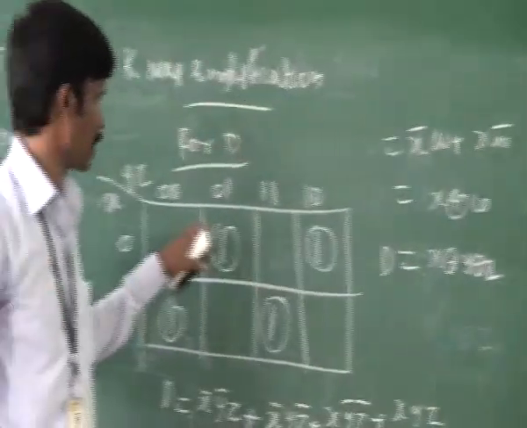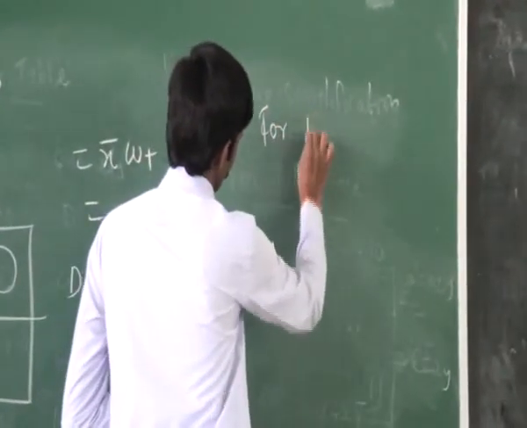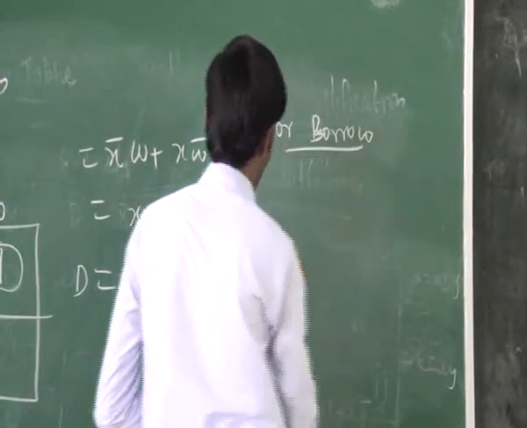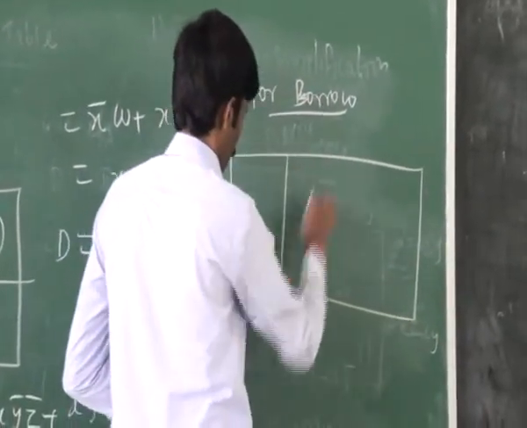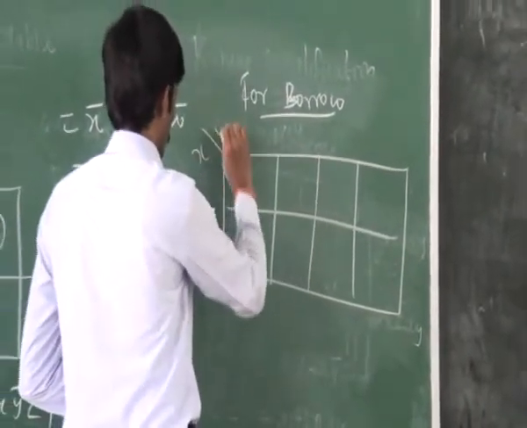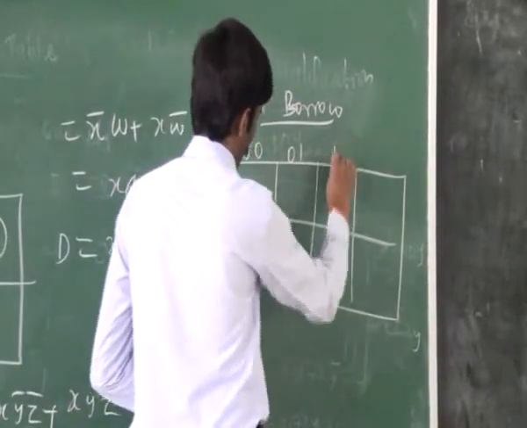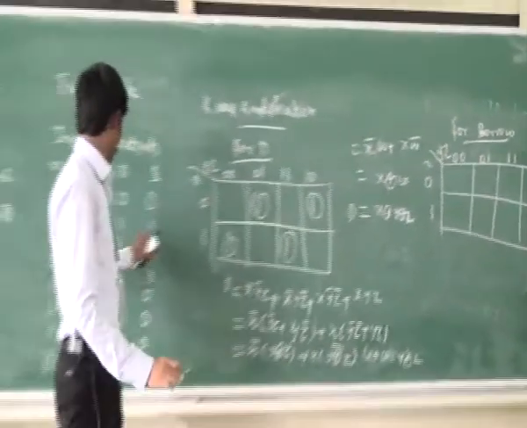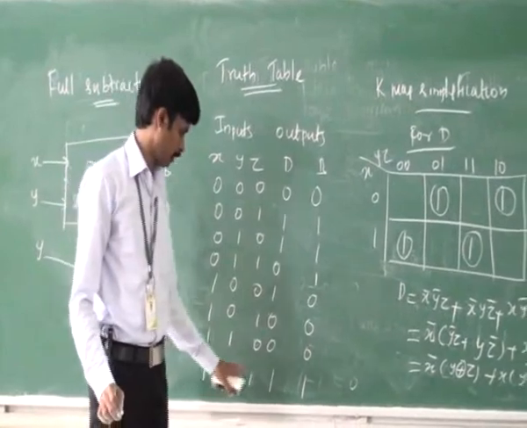Then let us derive the Boolean expression for borrow. Here the borrow will be 1 for the combinations 0 0 1, 0 1 0, 0 1 1, 1 1 1.